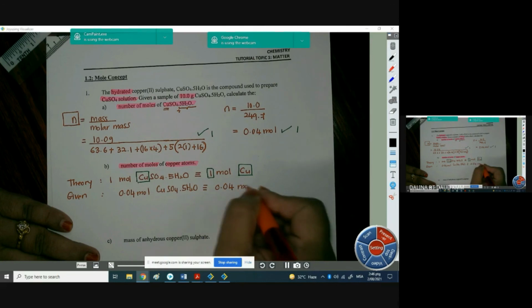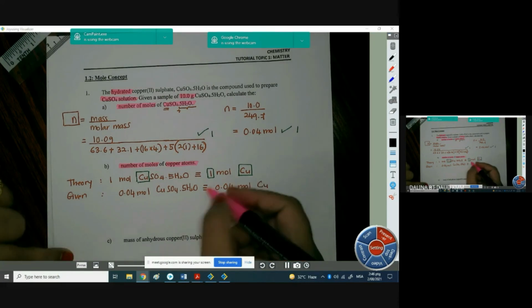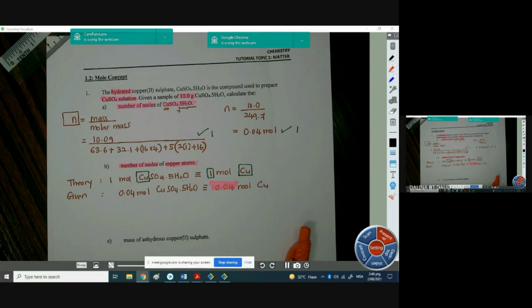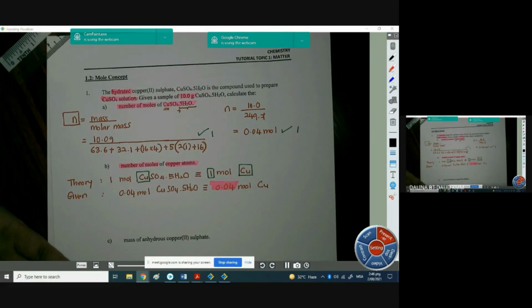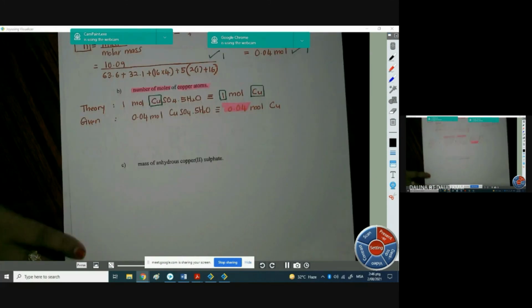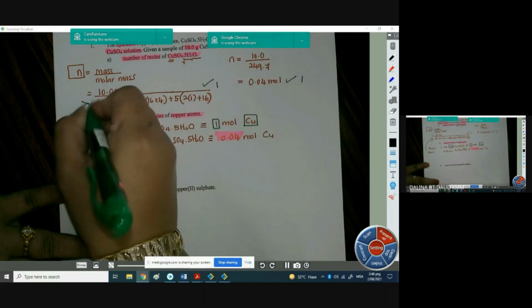So we have answered the question. The answer is 0.04. Okay, any other question? Simple, right? Okay, next. We have to relate it with question 1A.